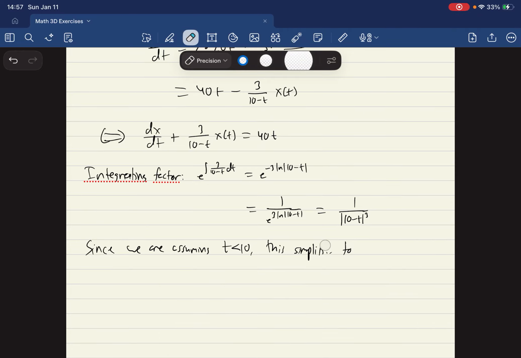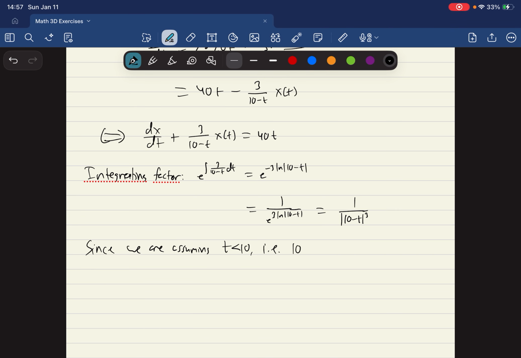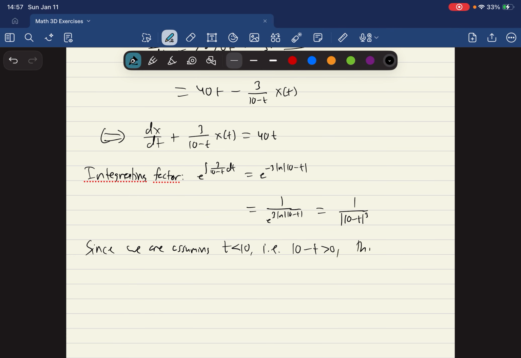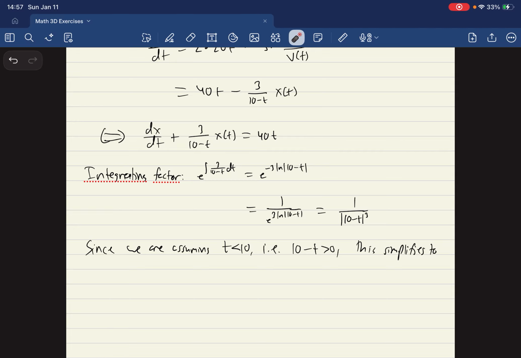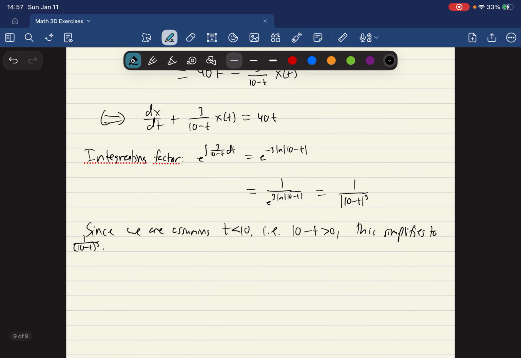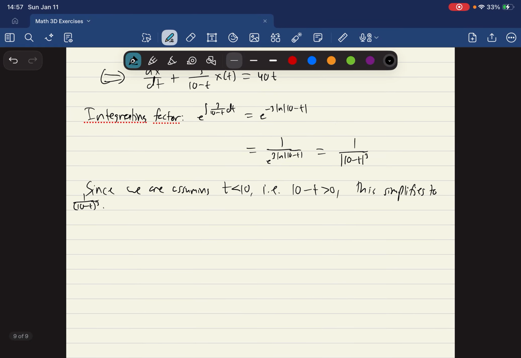I should add first, i.e. 10 minus t is bigger than 0. Just by rearranging this inequality, we get this. This tells us that the stuff inside the absolute value brackets is positive, and so we can just drop those absolute value brackets. And this gives us our final integrating factor as 1 over normal parentheses 10 minus t cubed.